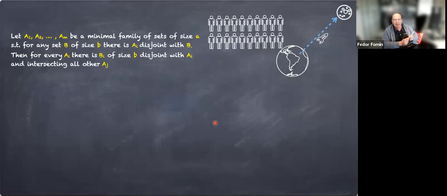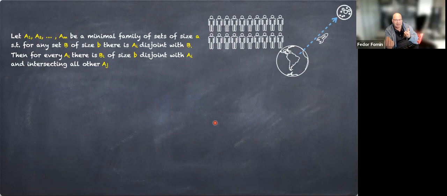Suppose I have a family of sets A1 up to AM, of sets of size A, which is minimal subject to the following property: if I take any set B of size B, there should be at least one set Ai which is disjoint from B.